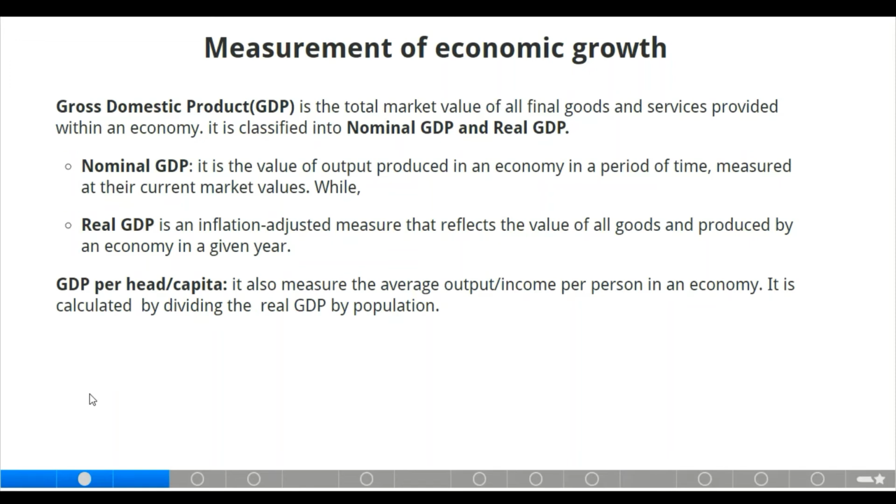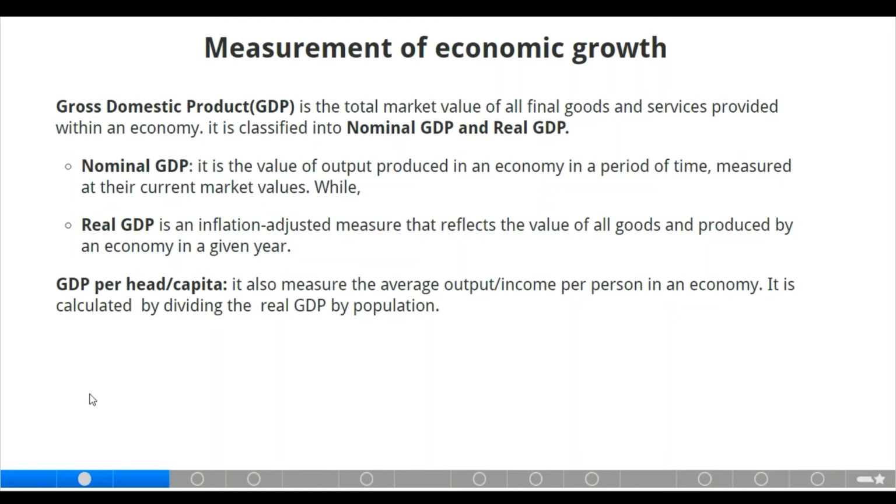Our nominal GDP is the value of output produced in an economy at a point in time, while our real GDP is an inflation adjusted measure that reflects the value of all goods and services produced by an economy in a year. Now note this, we have the nominal GDP to record the value of output produced in an economy in the period of time, while real GDP reflects the value of all goods produced in an economy in a year.